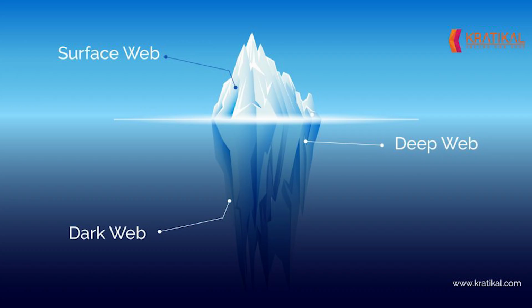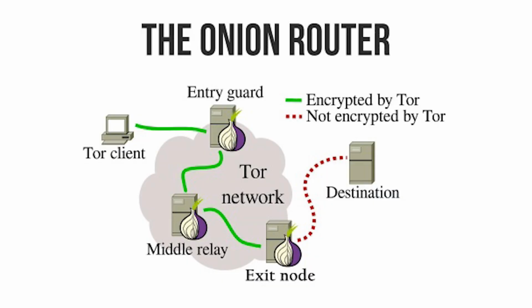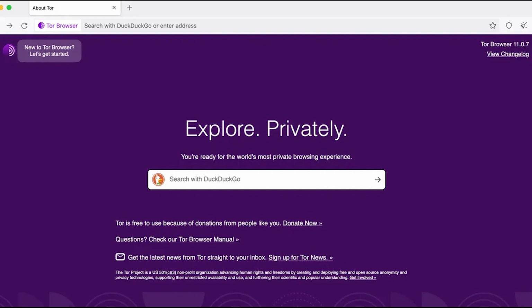The dark web's origins are rooted in the quest for privacy and free speech. It began with the development of Tor, or the Onion Router, created by the U.S. Naval Research Laboratory in the mid-1990s. Initially, Tor was intended to protect U.S. intelligence communications online.